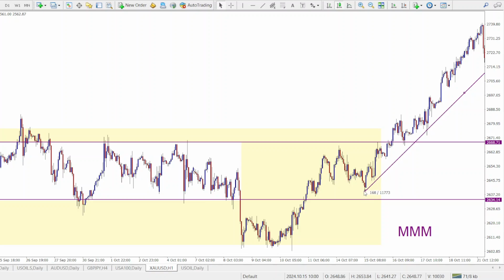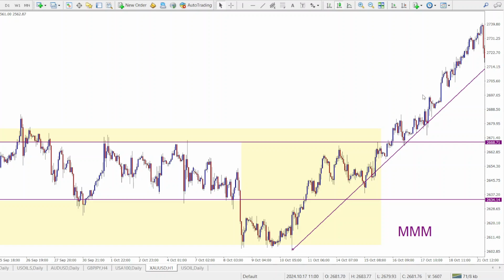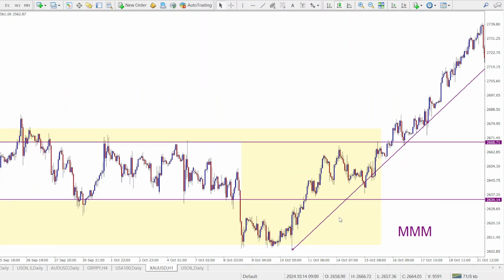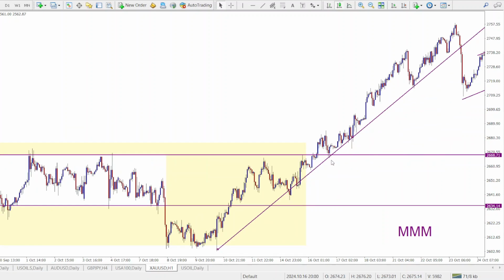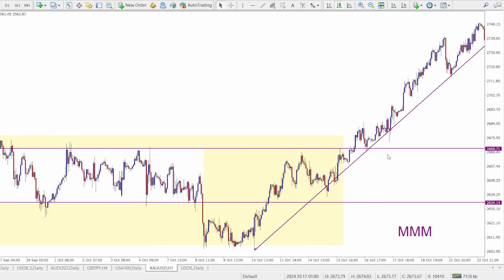In this case, it was actually a bullish direction all along. So this was a phase of accumulation, then a manipulation phase, and then here we had the distribution, because this is where the real opportunity lies. If you can position yourself correctly, you're going to make a lot of pips from this distribution phase.